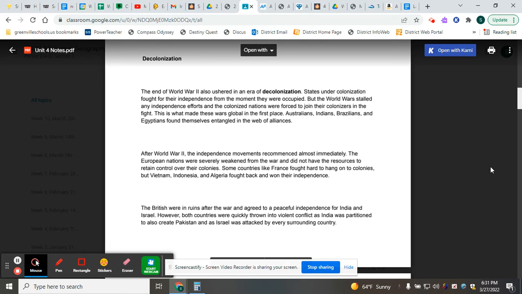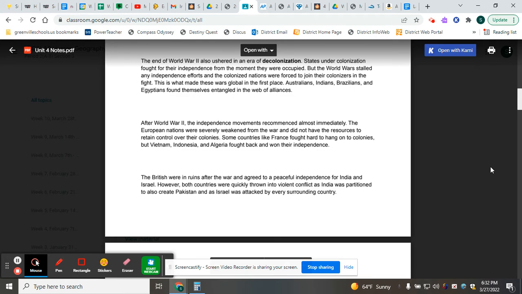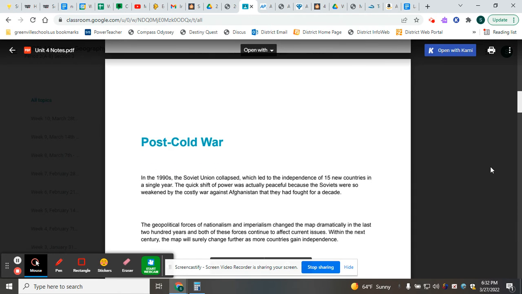But what we see in the 1950s and 60s in Africa, in Asia, is what we call decolonization, where these countries, not countries, I guess, these groups of people, these nations who had been imperial colonies for decades, now are either given their independence or have to fight and earn their independence from their former European rulers.